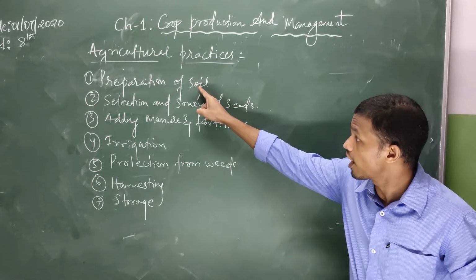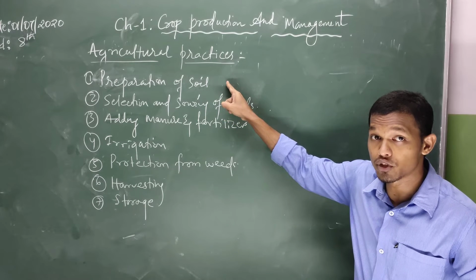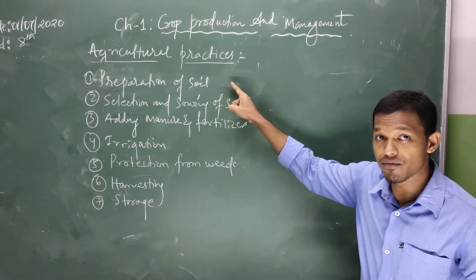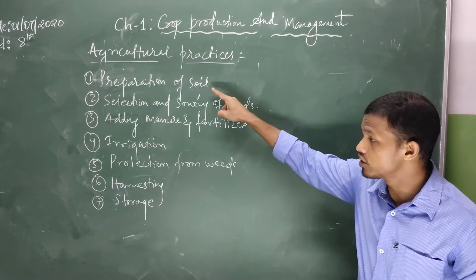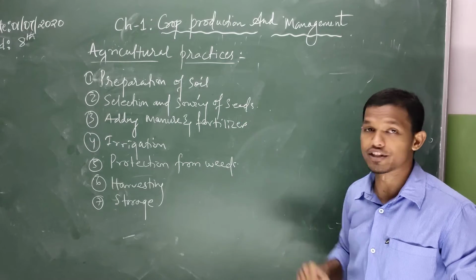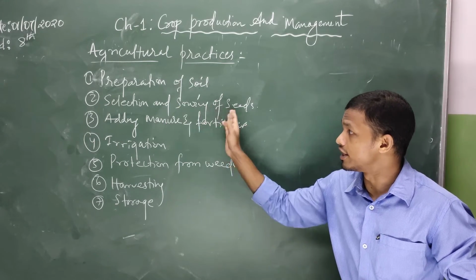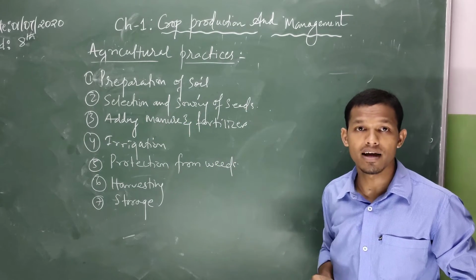In the first step, they use ploughing and tilling, that is loosening of the soil. That is very essential initially. After loosening the soil, the next step is selection and sowing of seed, where healthy seeds are selected and sown in the field.